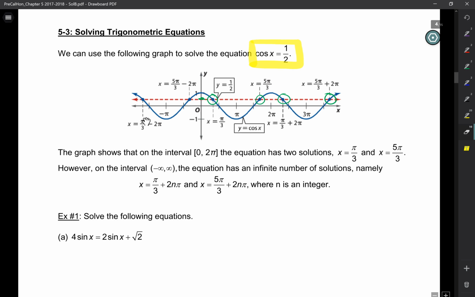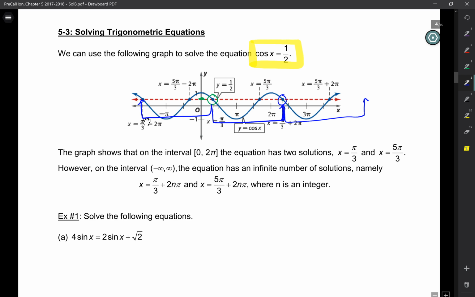Now, let's examine these a little bit more closely. So take a look at that first point where we said x is equal to pi over 3. Well, if I take that point, and from that point, I go a distance of 2 pi, now I have pi over 3 plus 2 pi, and cosine is equal to 1/2 again. If I go 2 pi again, I'll have another point. If I go 2 pi in this direction, I'll have another point.